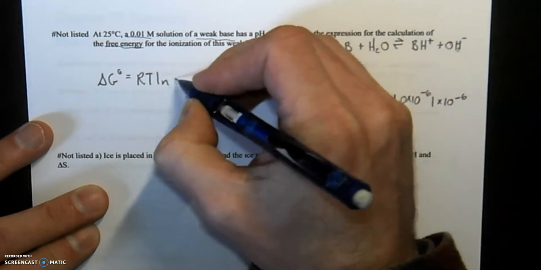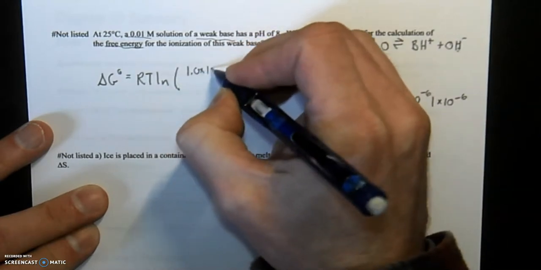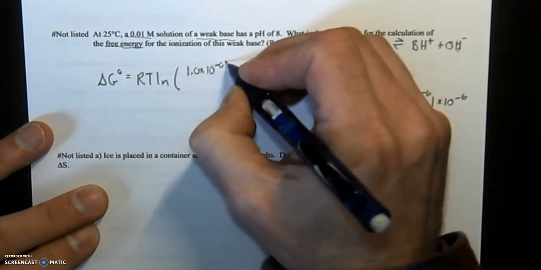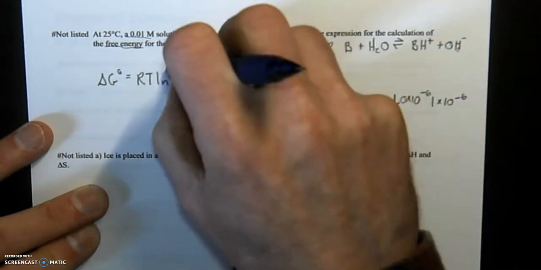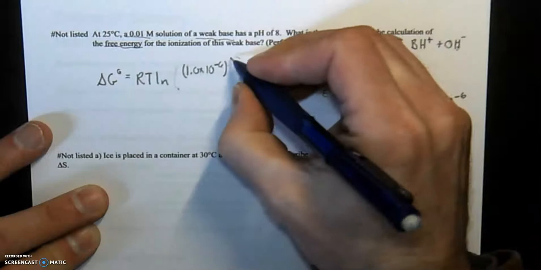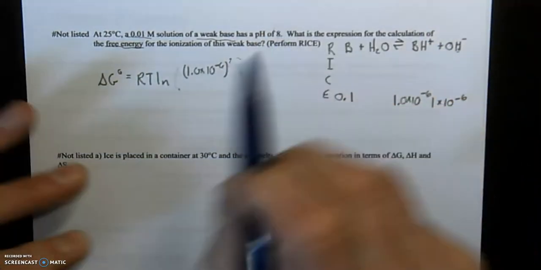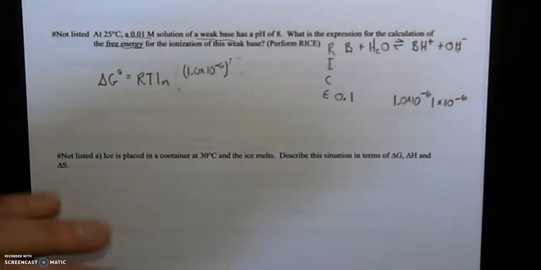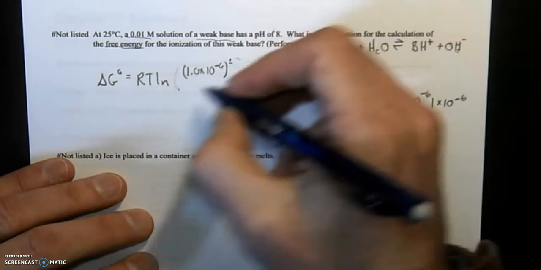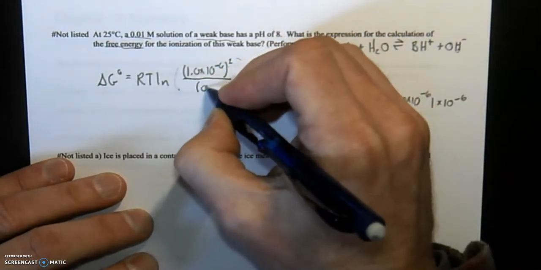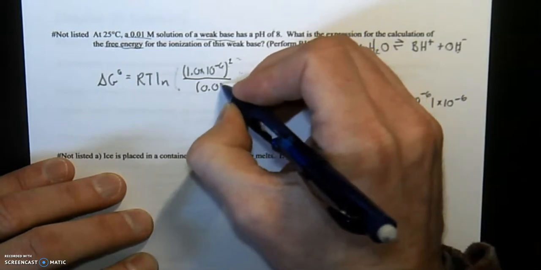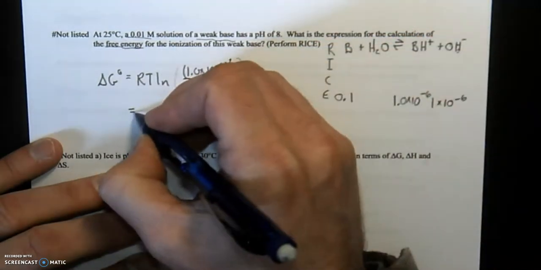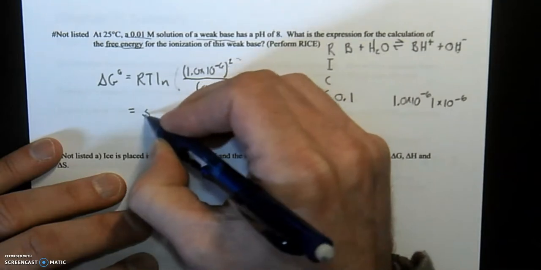Natural log of 1.0 times 10 to the negative 6, squared, over 0.01. And if we do the math on that, it should equal 57.0.